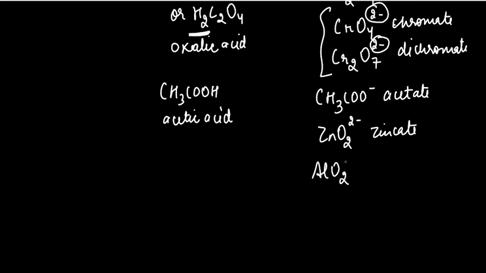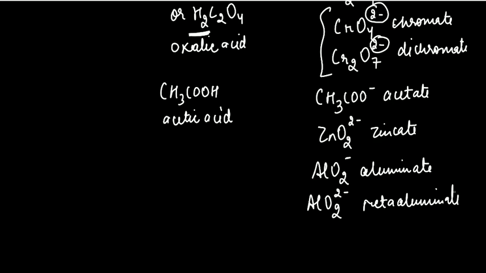Aluminate, AlO2 with a minus charge. Meta-aluminate is AlO2 with a 2 minus charge. So aluminate has only a minus 1 charge, whereas meta-aluminate has 2 minus. The rest of the formula is exactly the same. So you can remember it.